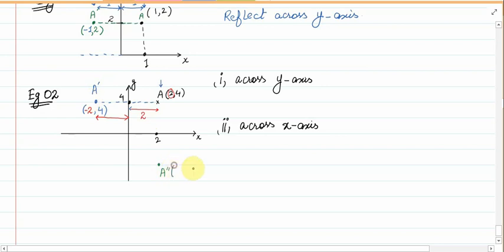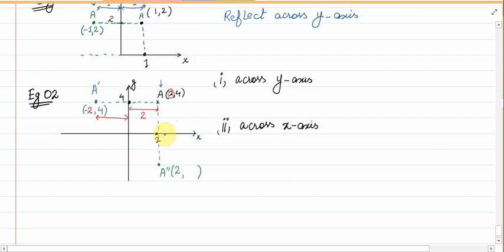Now A double dash. If you are moving from A to A double dash, you are moving in y only, not in x. That means the x coordinate remains the same and it is 2. Now we talk about the y coordinate.